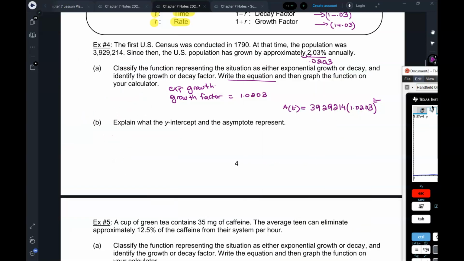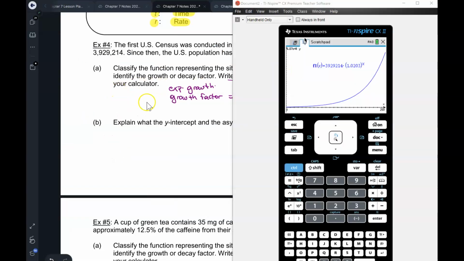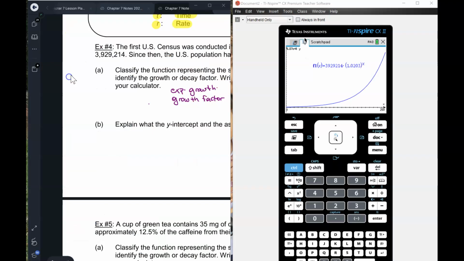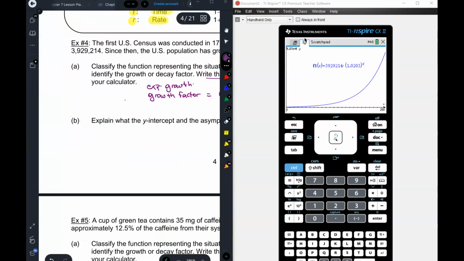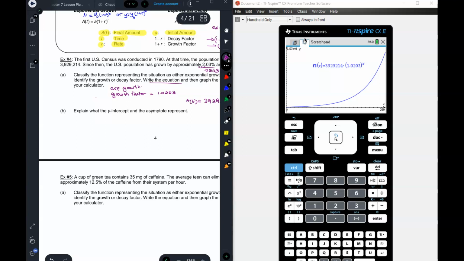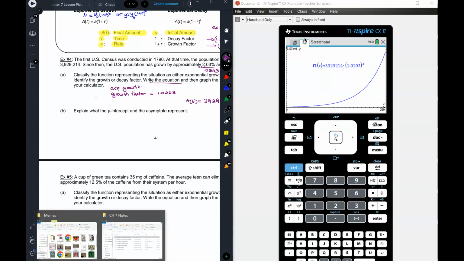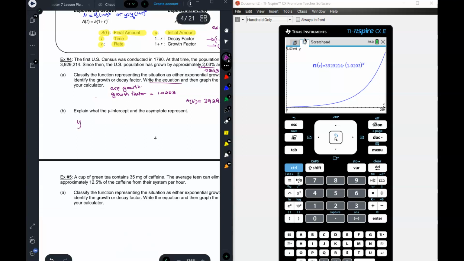So now the next question is, what does the y-intercept represent? Well, the y-intercept is when t equals 0, right? So the y-intercept is the initial population. This is how much the population was at t equals 0.